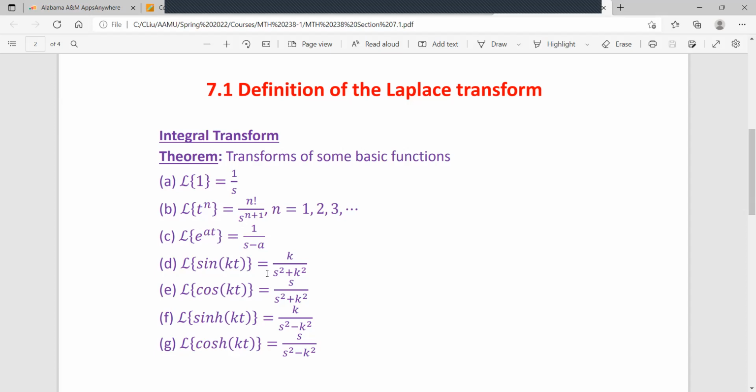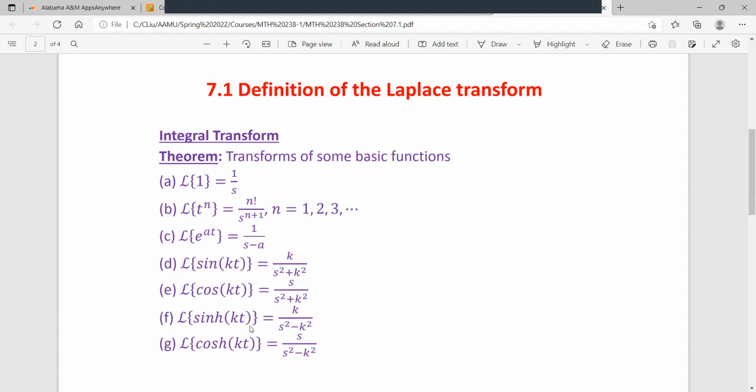If you do that, you get k over s squared plus k squared. Again, k is a constant. Similarly, you can find the Laplace transform of cosine kt to be s over s squared plus k squared. And the Laplace transform of sinh kt is just k over s squared minus k squared.